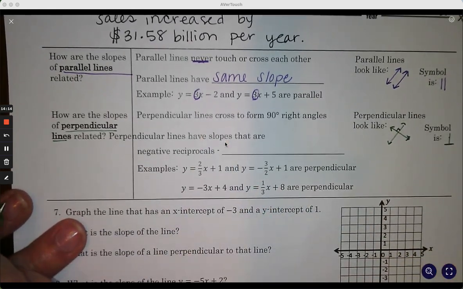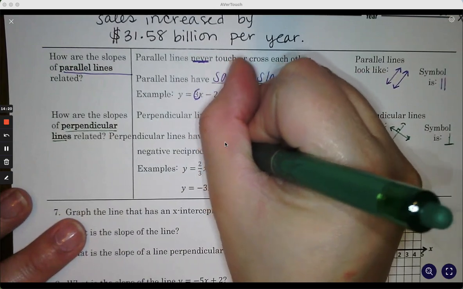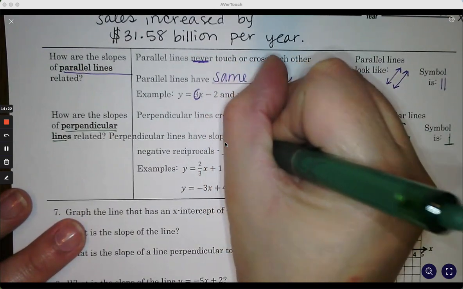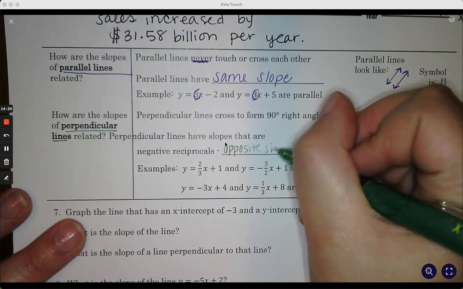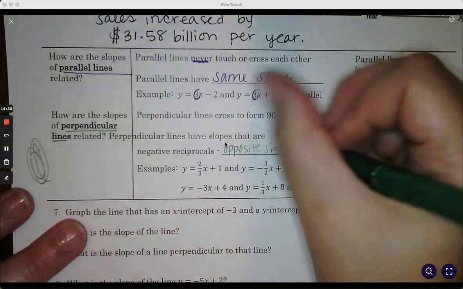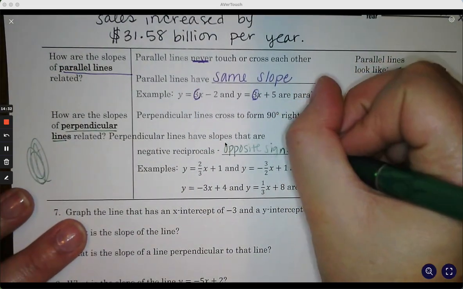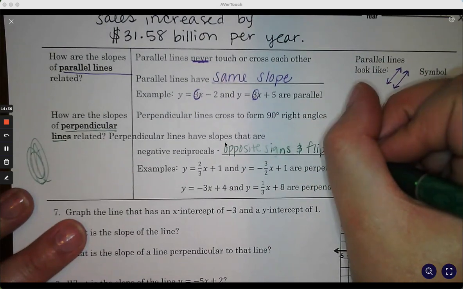Perpendicular lines have slopes that are negative reciprocals. So they're opposite signs. Why is my pen not working? There we go. Switch the sign and flip the fraction.